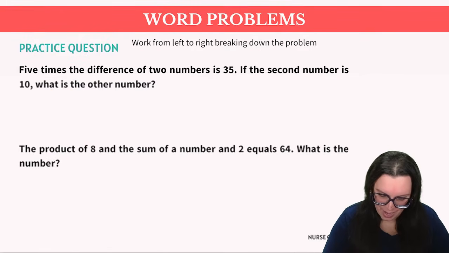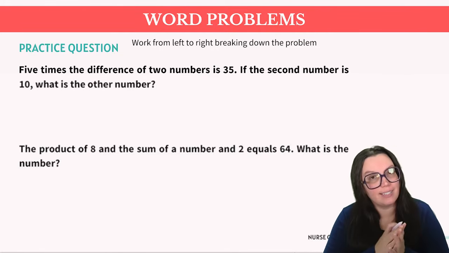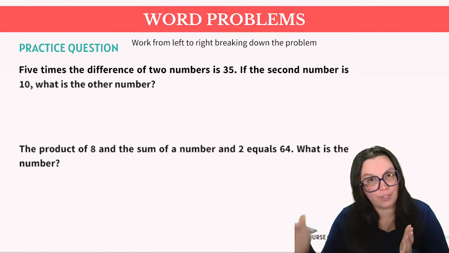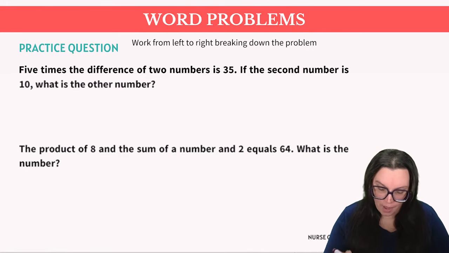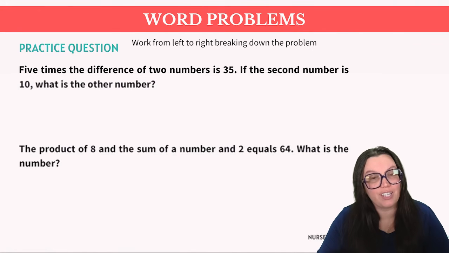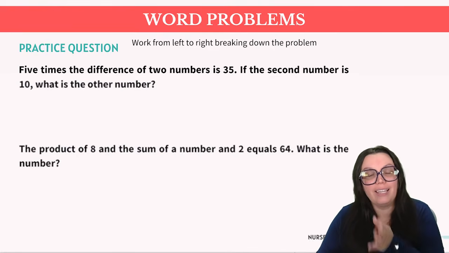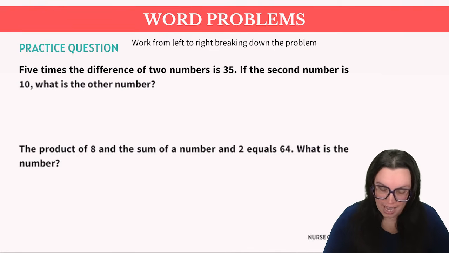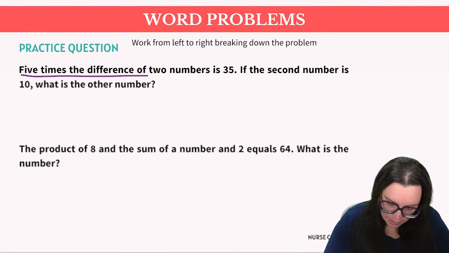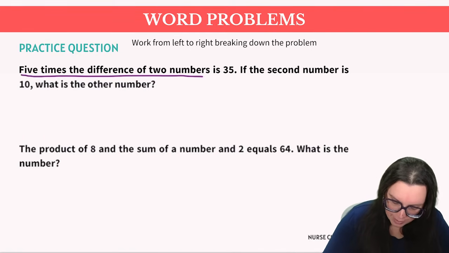All right, now that we get the hang of this, let's see if we can figure out some more complicated problems. Again, we're going to solve by breaking the problem down from left to right. 5 times the difference of 2 numbers is 35. If one of the numbers is 10, what is the other number? So we start with 5 times the difference of 2 numbers. That is going to be 5 parentheses x minus y.